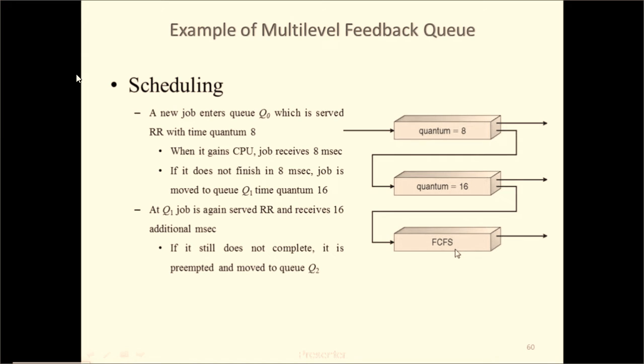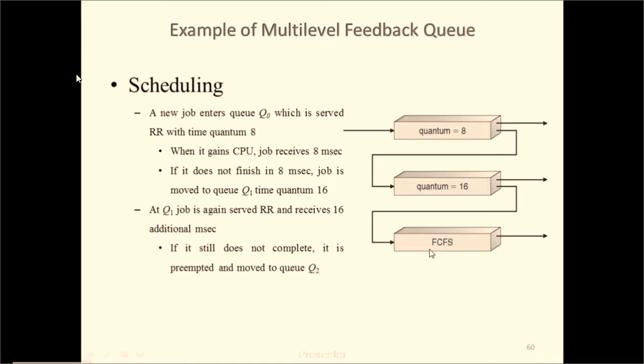Now the process is not preempted. It completes its execution and then only returns the CPU. So at Q1, the job is again served round robin and receives 16 additional milliseconds. If it still does not complete, it is preempted and moved to Q2. Remember that preemption is not there in Q2.